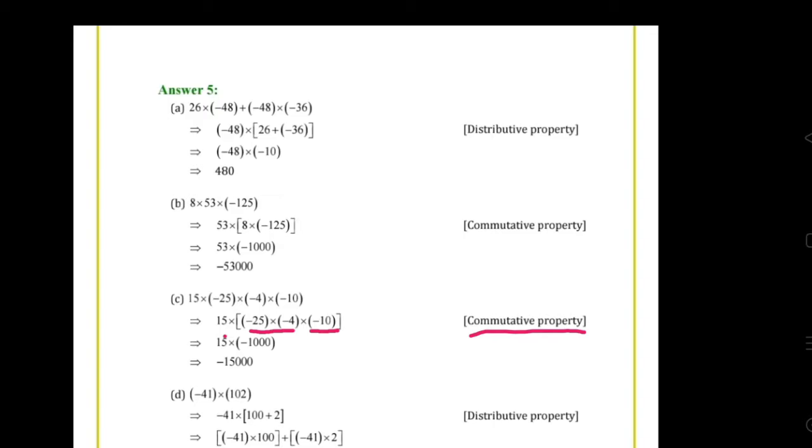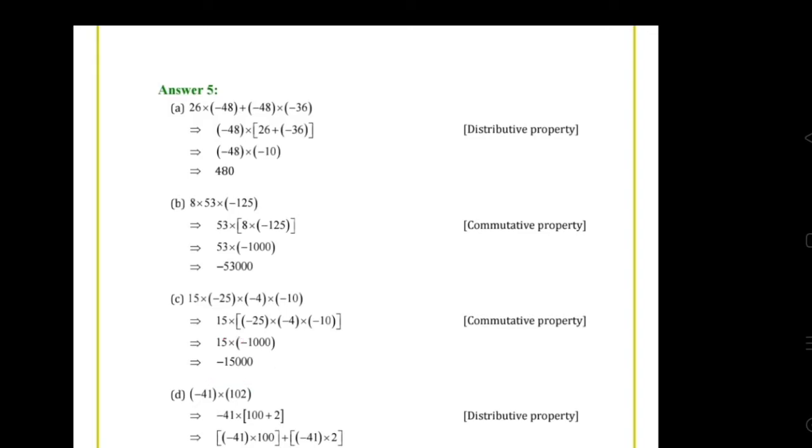So then 25 times 4 is 100, and 100 times 10 becomes 1000. But negative times negative becomes positive, and then positive times negative becomes negative. So afterward, -1000 × 15 becomes -15,000.